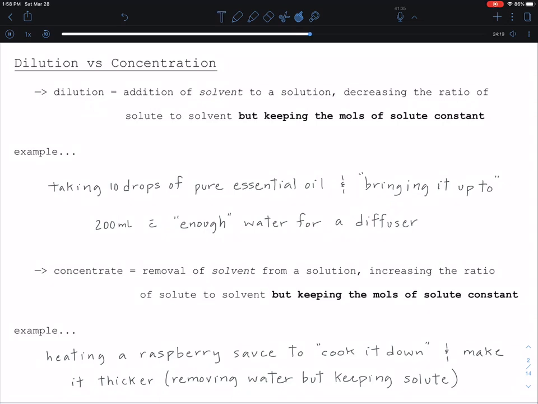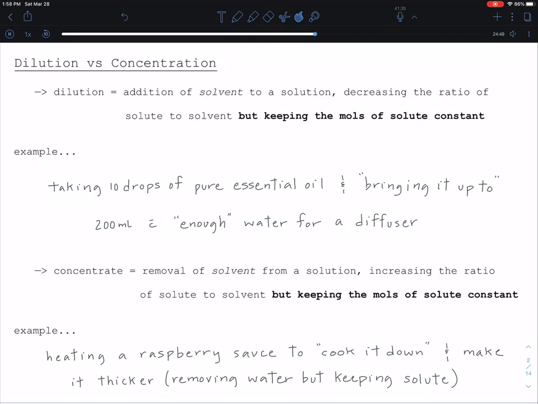You could take 10 drops of lavender oil and bring it up to 200 milliliters with enough water for, say, a diffuser, or enough avocado oil or whatever you're going to use for your roll-on, right? But you're not using 200 milliliters of water for the diffuser. You're using enough water, so it looks like 200 mils, if you're only using 10 drops of this essential oil.